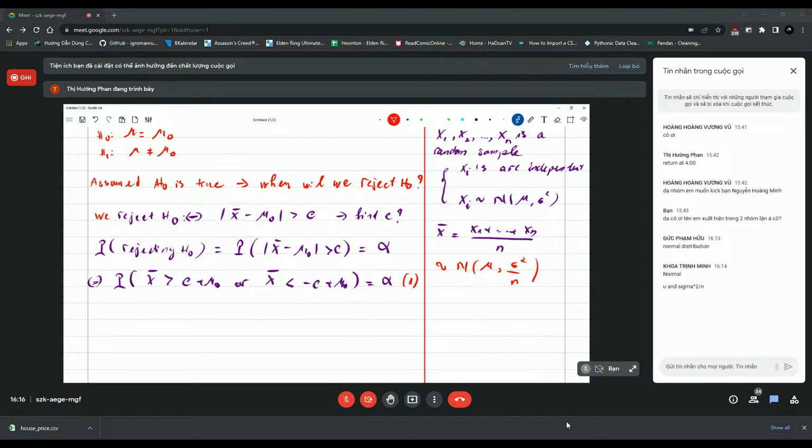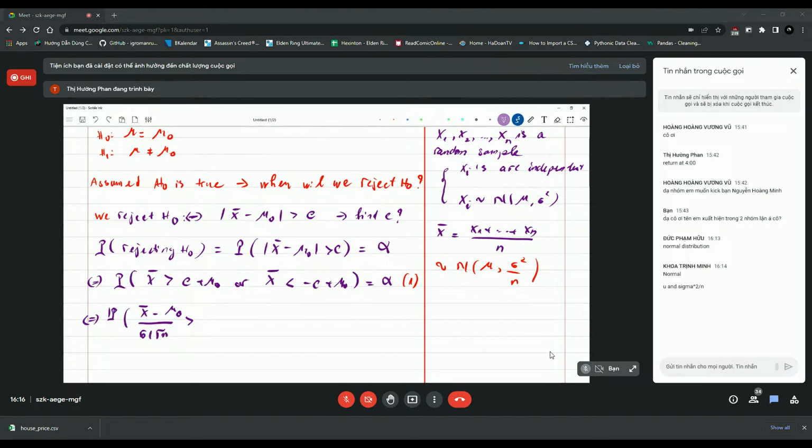We did this so many times. The first step, we standardize the normal distribution to get the standard score, right? So we have the probability of S bar minus its expected value, mu, over its standard deviation, sigma square root of n, greater than... Now remember that initially we assume H0 is true. If H0 is true, it means that we are assuming mu equals mu 0.